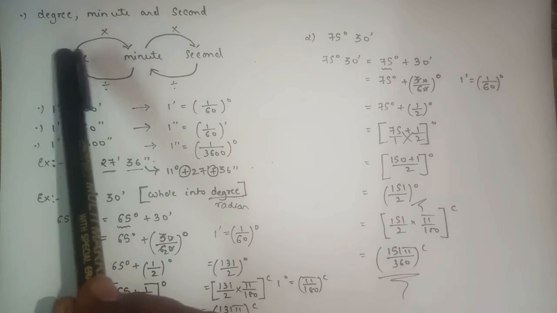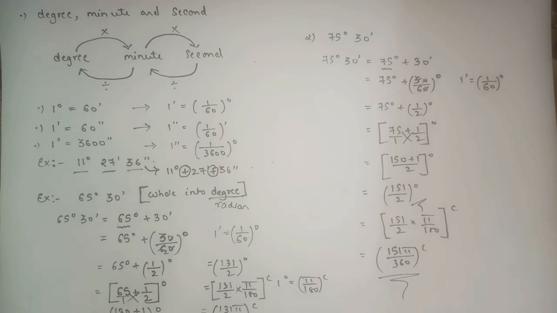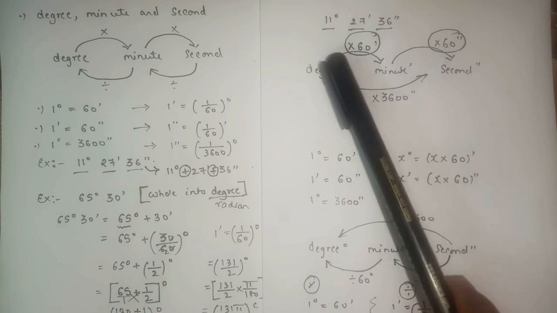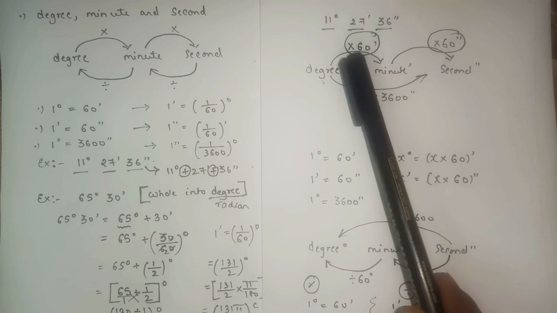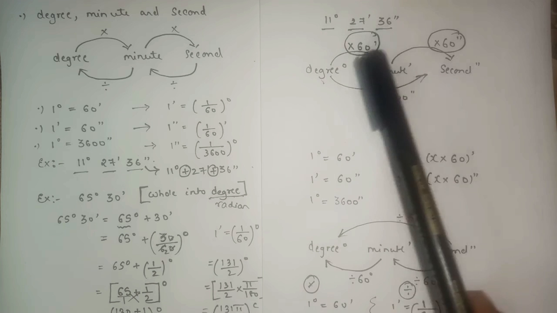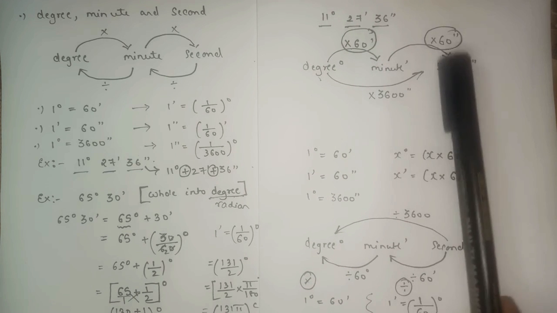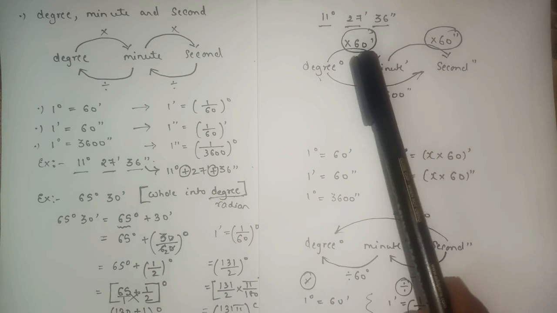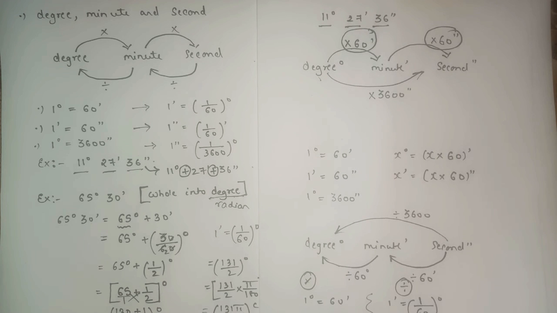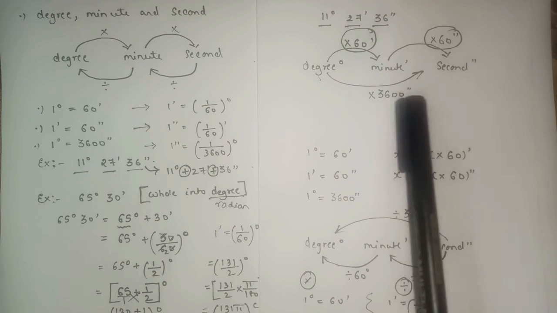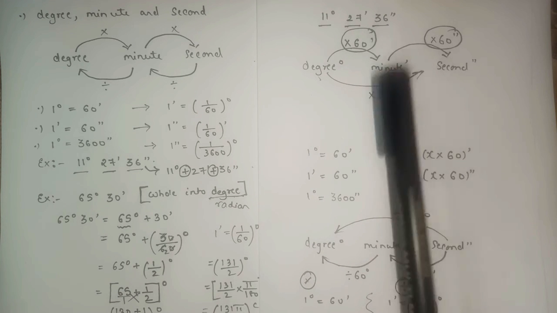So here we saw how to convert degree into minute and minute into second. To convert degree into minute, simply multiply that number by 60, so degree will get converted into minute. And if you want to convert minute into second, again multiply by 60, so that minute will convert into second. If you want to convert degree directly to second, you have to multiply by 3600.